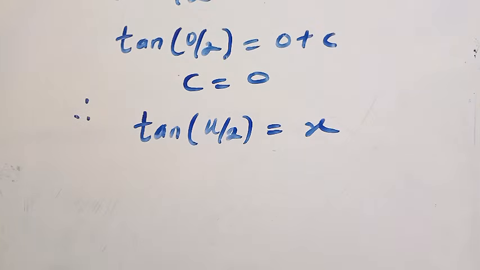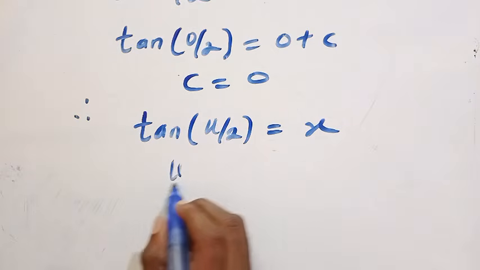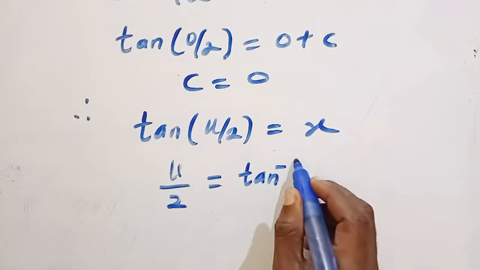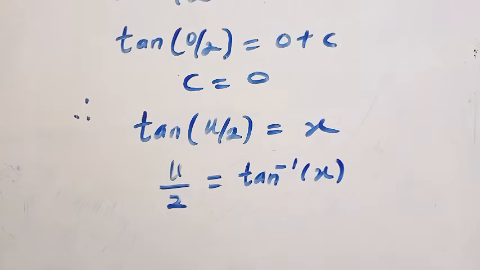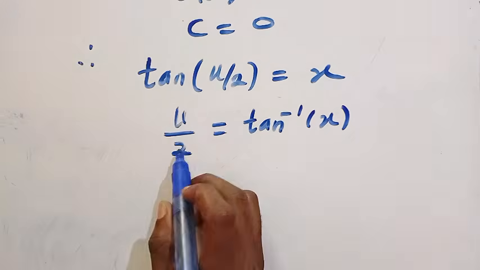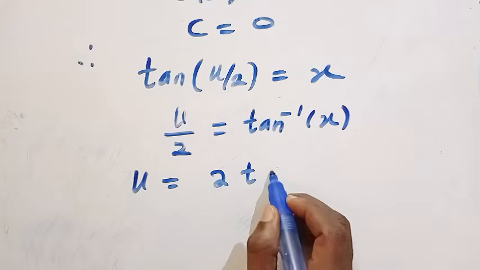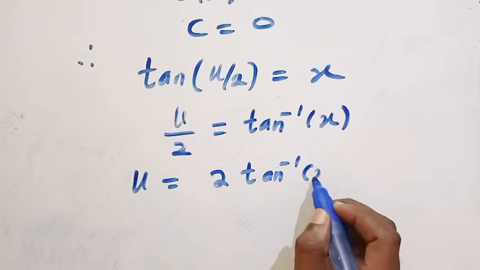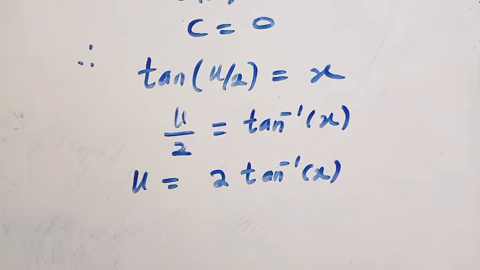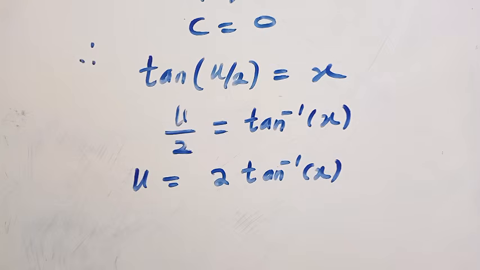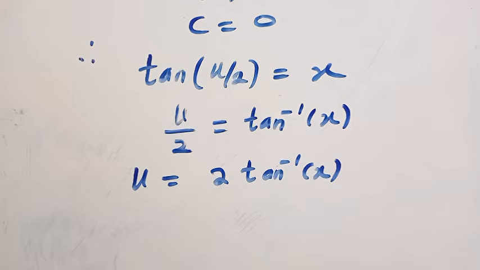And we need u. We take the arc of both sides, tan inverse of both sides. So this gives us u over 2 equals tan inverse of x. And by multiplying both sides by 2, we have u equals 2 tan inverse of x. But here, what is u? u is given as x plus f of x.